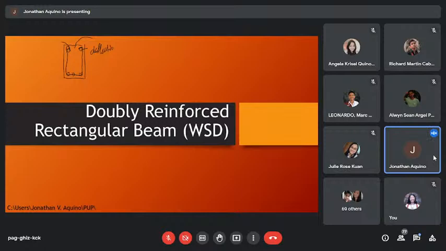Okay? So, di ba yung deflection natin, for simple supported beam, the deflection is 5WL to the 4th over 384 EI. So, meaning, if we transform this beam, the transformation will be compression bars plus compression concrete, and then tension reinforcement.